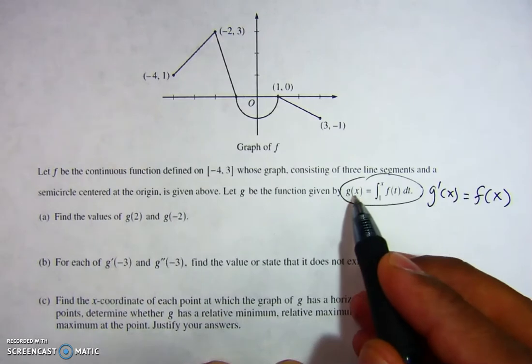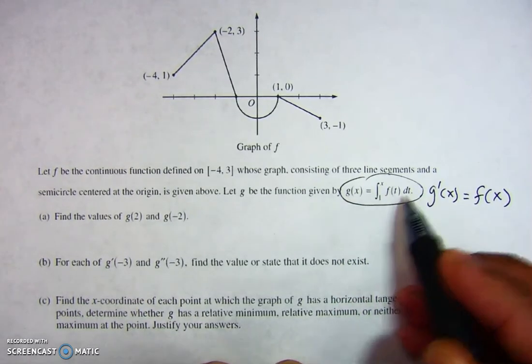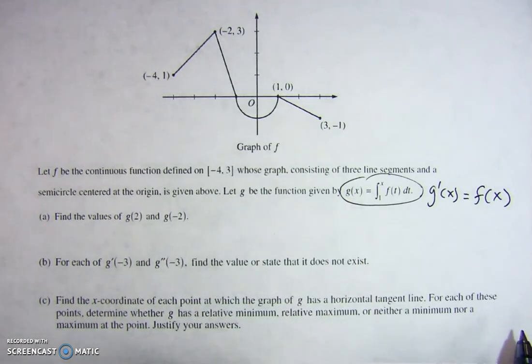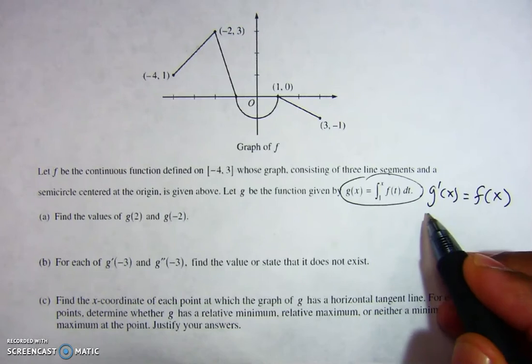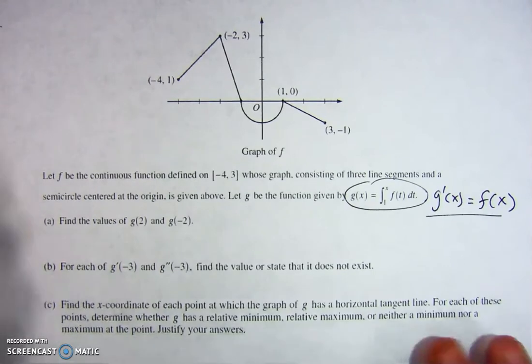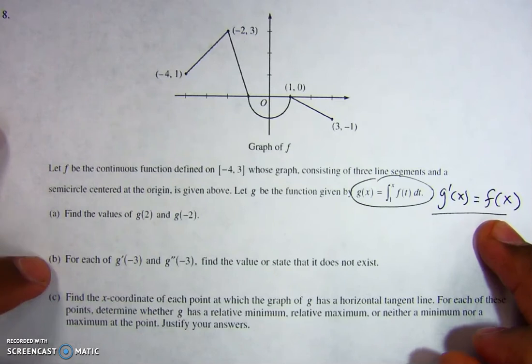Okay, so if g of x is equal to the integral from 1 to x of f of t dt, differentiating both sides using the fundamental theorem of calculus, we know this. However, I think I'm getting a little ahead of myself because on part A, you don't need this yet. We'll need it for part B.